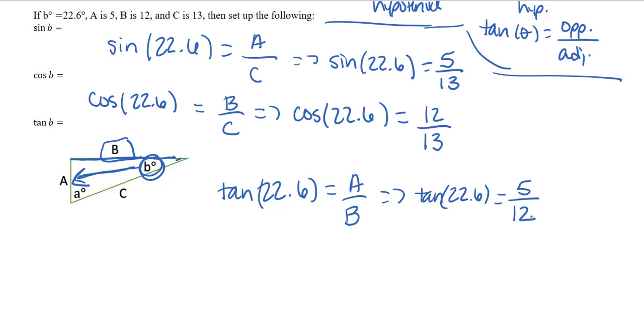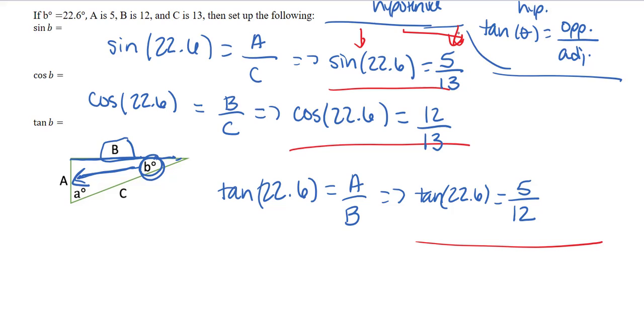So now we have set up what this looks like. All we're saying here is that the sine of 22.6 is equal to a certain ratio of these two sides, which becomes a certain number. So these are just numbers, it's just to express things.